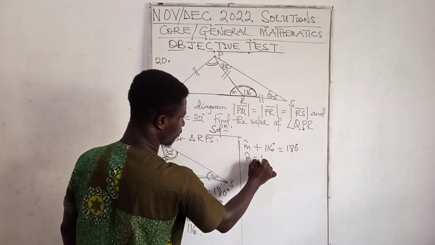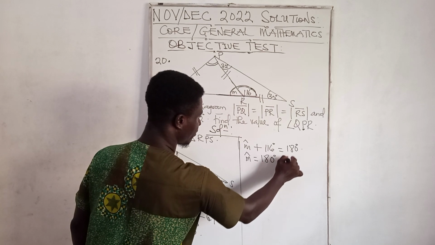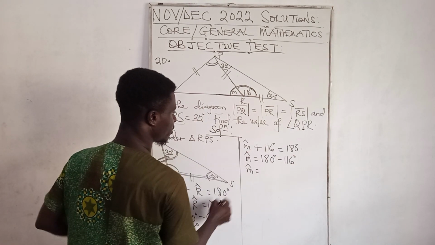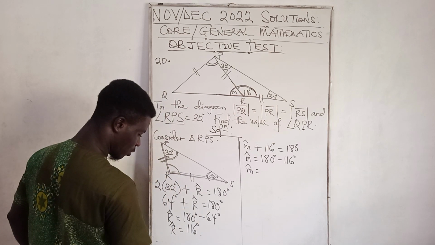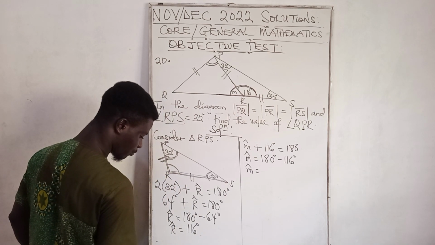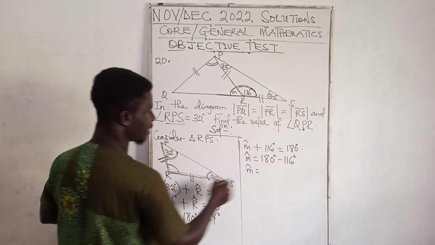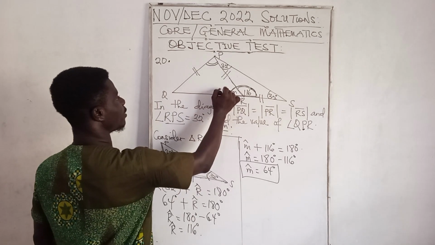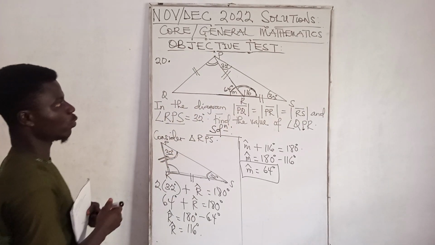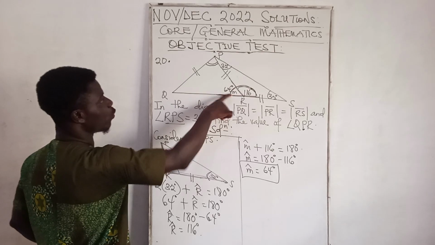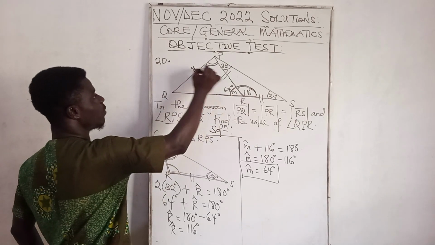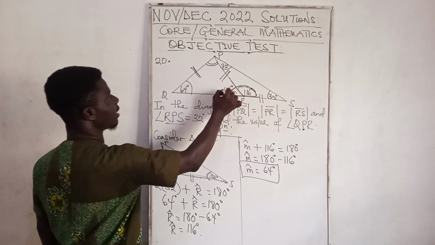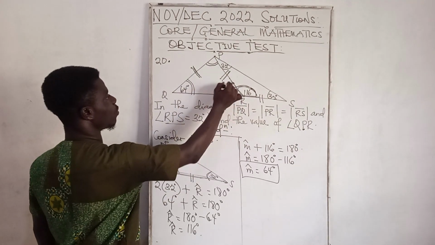So we can group like terms, then we can write angle m equals 180 degrees minus 116 degrees, which we obtain 64 degrees. So here too is 64 degrees. So if here is 64 degrees, then again two sides are equal, which means their base angles too must be equal.